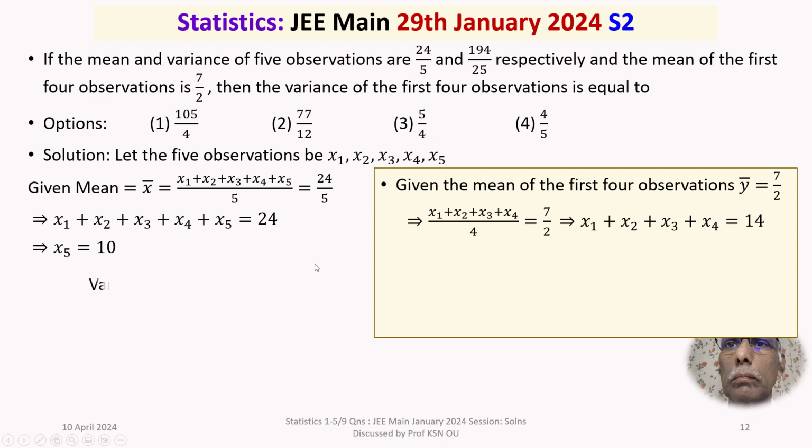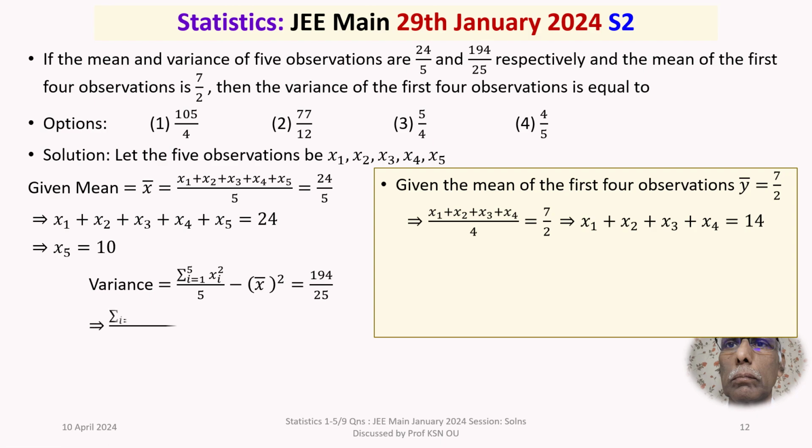Agreed. Now the variance, sigma square, is sigma i is equal to 1 to 5 xi square by 5 minus x bar square. That's the formula, and the variance of those 5 observations is given to be 194 by 25. Agreed.